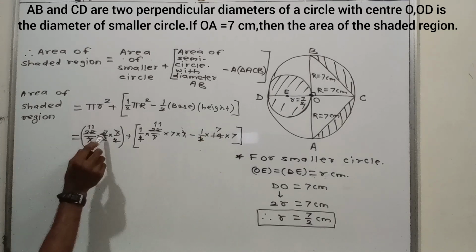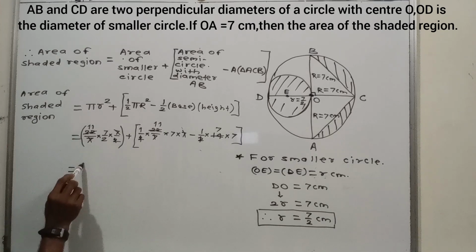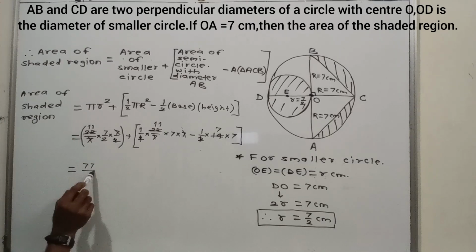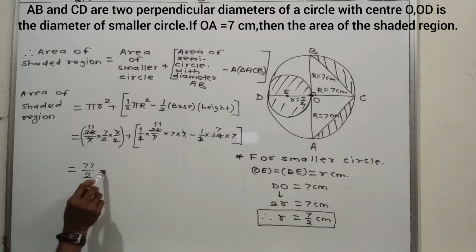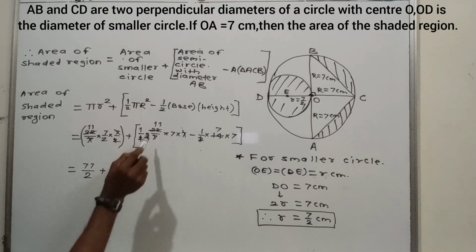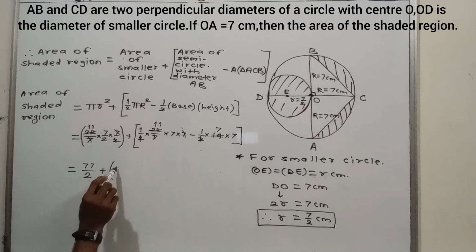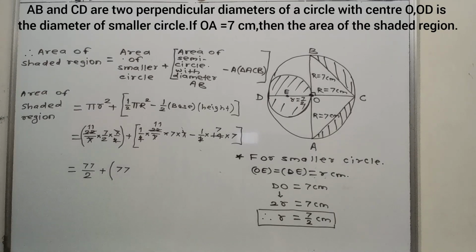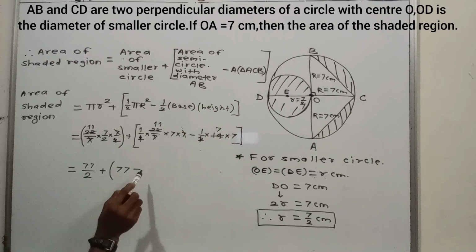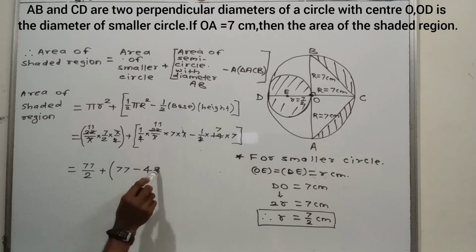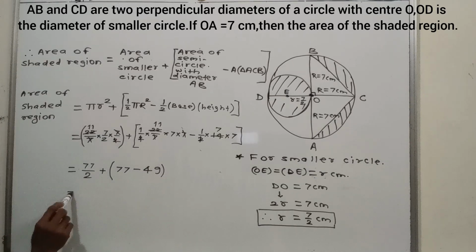Did you get it? Therefore, 11 into 7, 77/2, plus 11 into 7, 77, minus 7 into 7, 49.